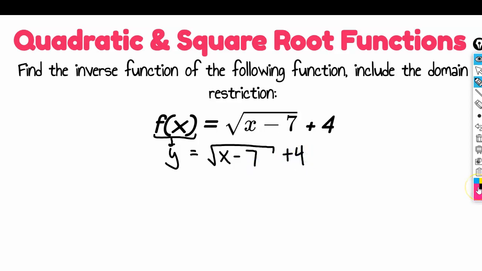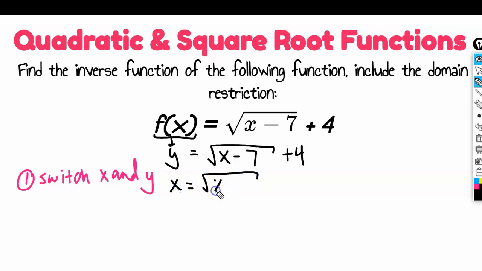My first step in these problems is to switch the x and the y. Whenever I'm finding inverses, that's always my first step. Oh, my bad. So x equals square root of y minus 7 plus 4. So notice the x is where the y was, and the y is where the x was.